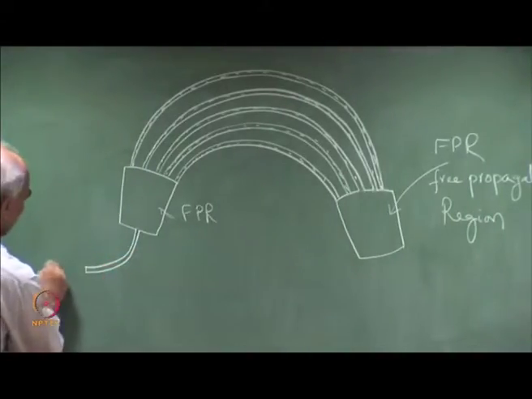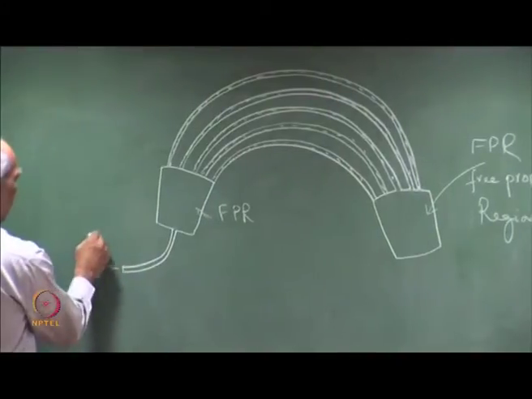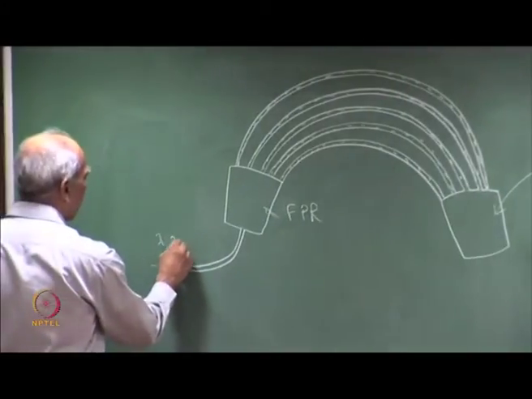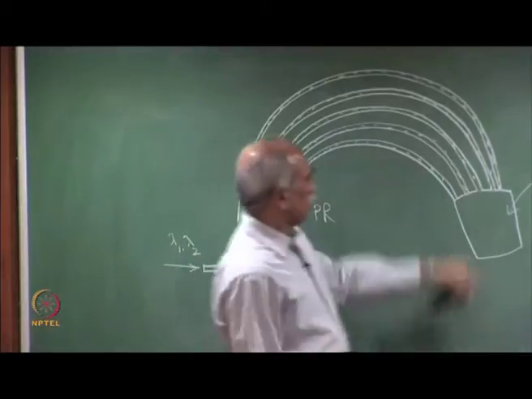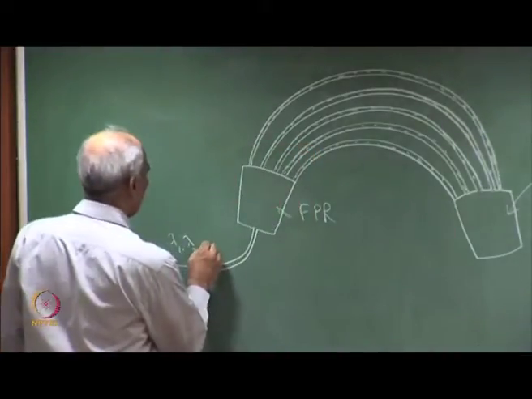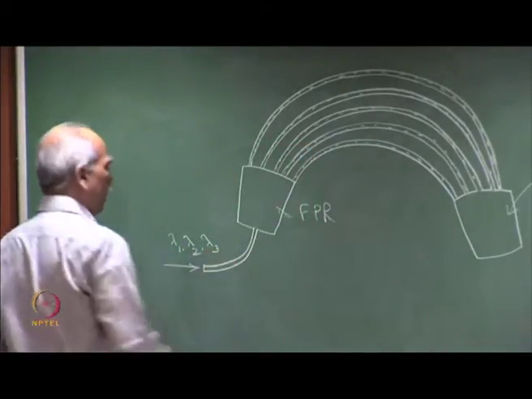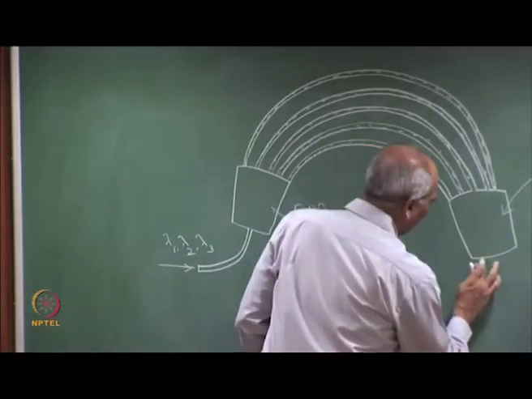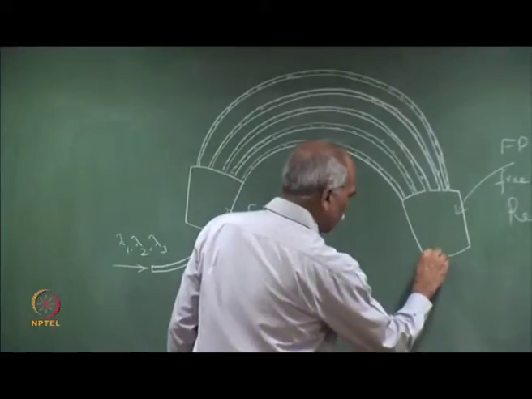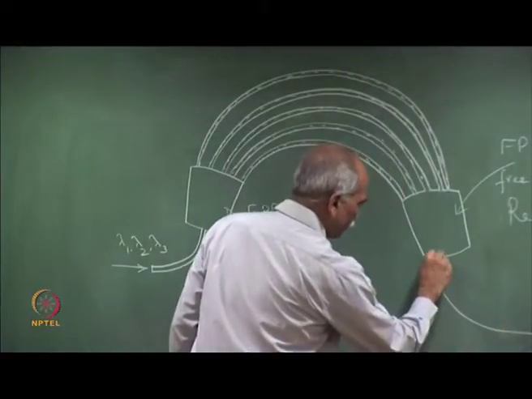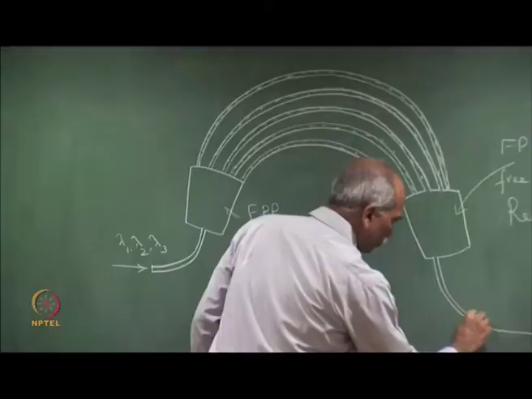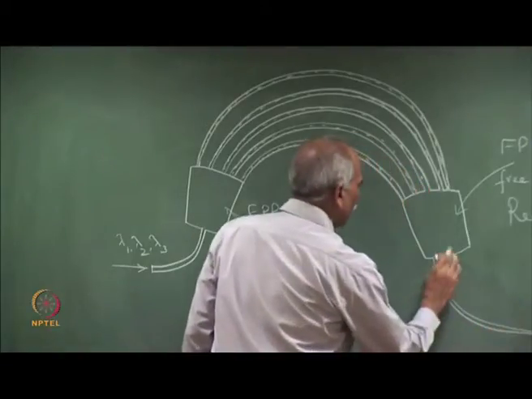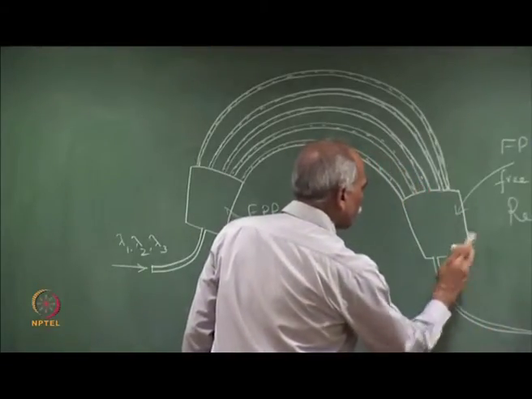Here is light entering, all the wavelengths lambda 1, lambda 2, lambda 3. Let me take just 3 wavelengths to illustrate, which are demultiplexed.